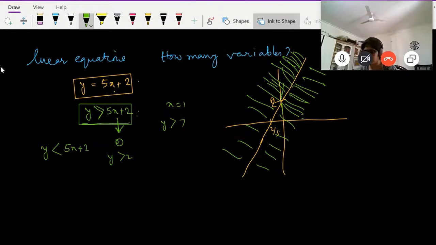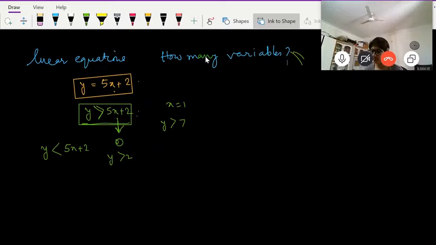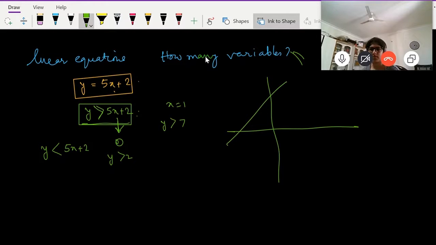Clear? Because in your exams, you will be very often asked to solve this kind of problems where you'll be given the equation of a straight line or two straight lines possibly, or maybe one straight line, and you'll be asked to find this area.